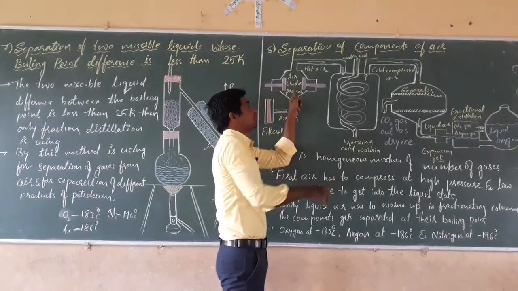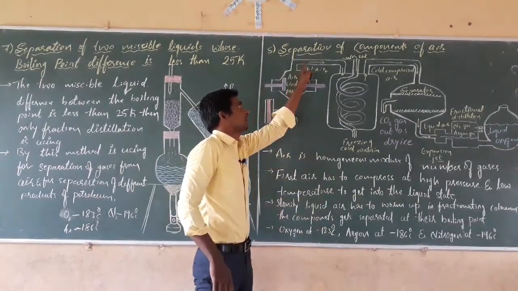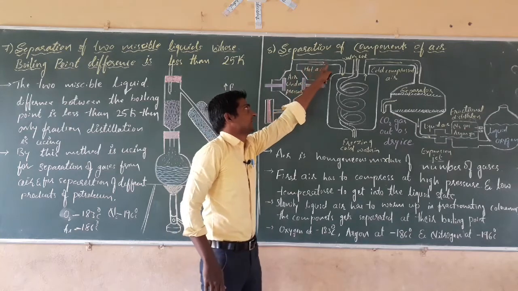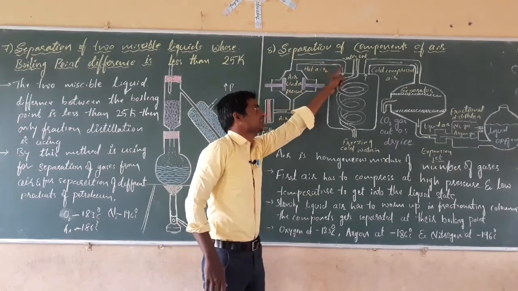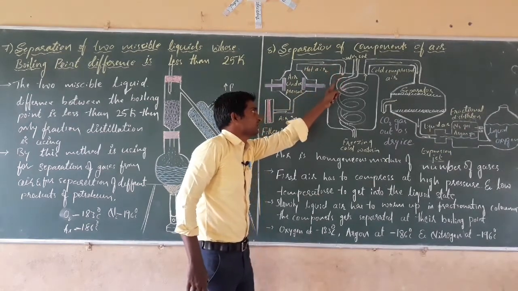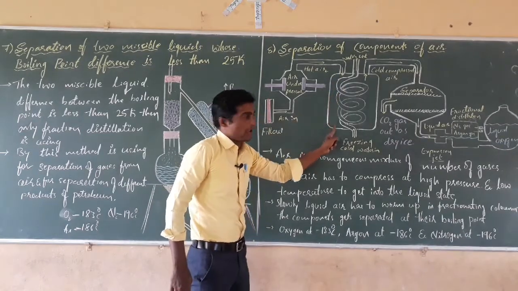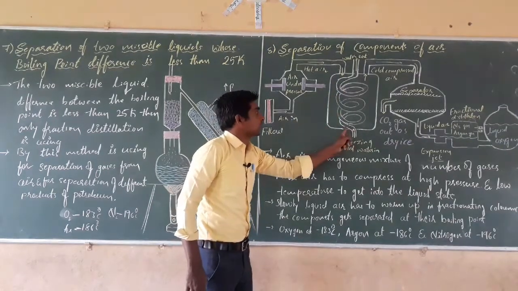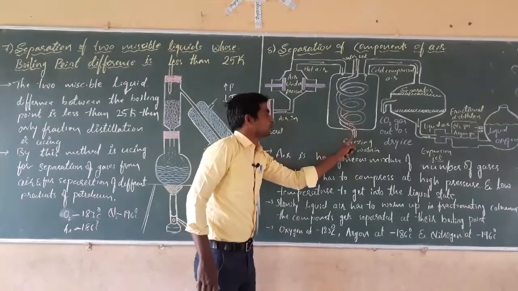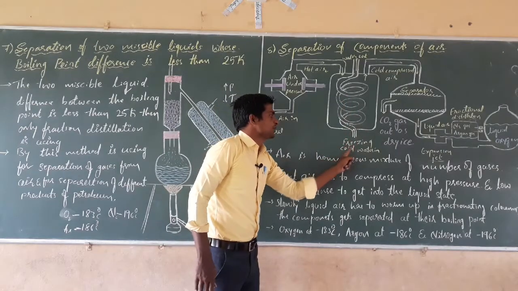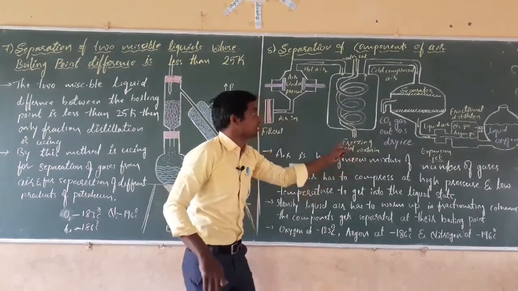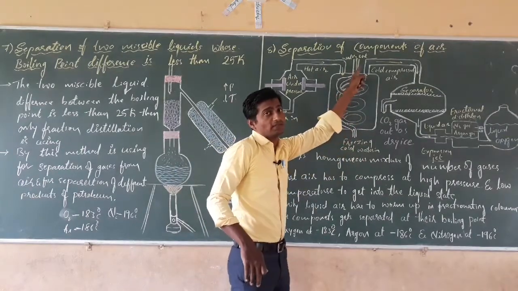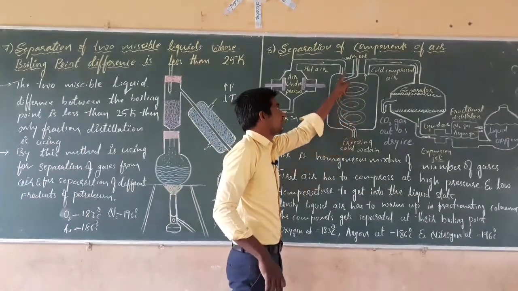We have to increase the pressure here, and next that pressurized air will be moved through this side tube and enter into a column or chamber, where a coiling of pipe is there through which freezing cold water or ice cold water is passing. Ice cold water we pass through this column.